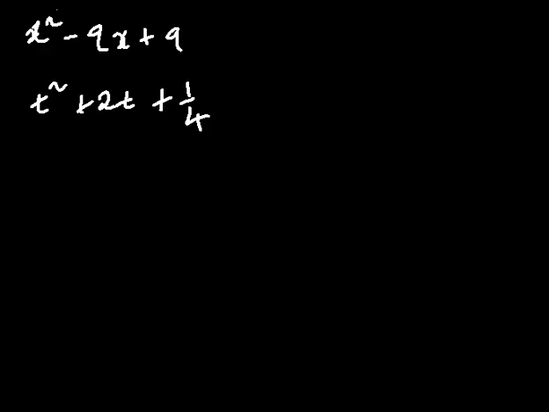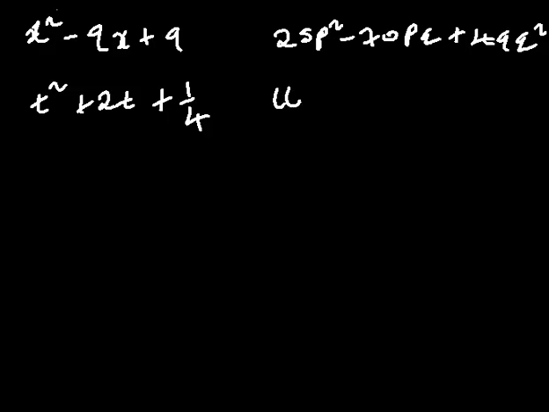Let's say we have 25p squared minus 70pq plus 49q squared. What is the discriminant? And let's say we have 16a squared minus 20ab plus 25b squared. What is the value of the discriminant if that is the case?